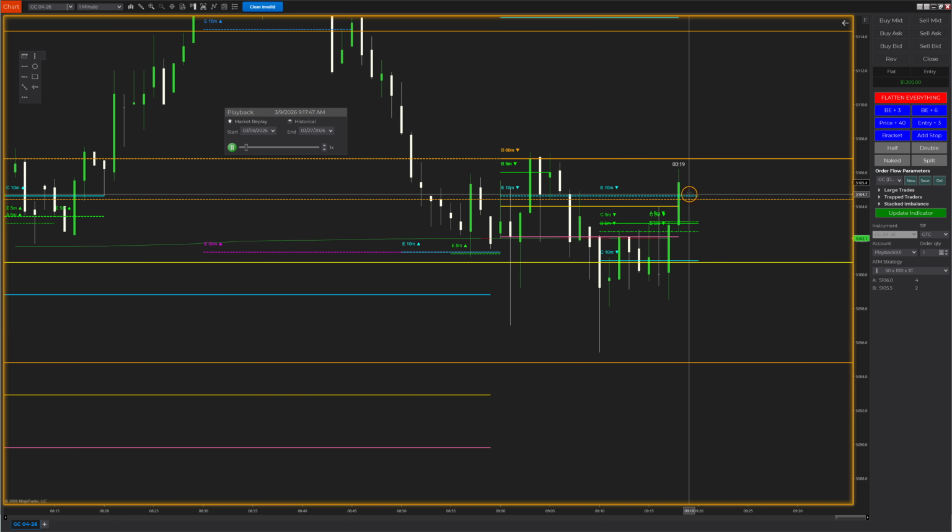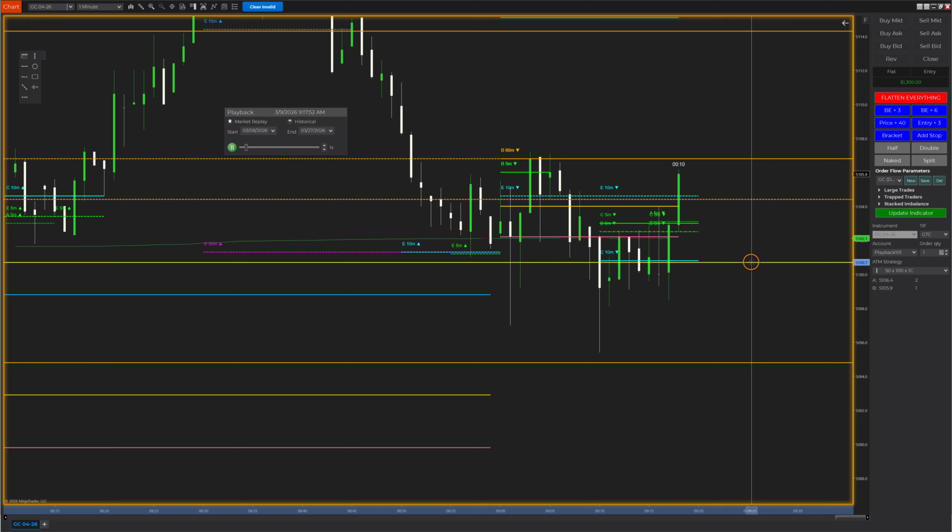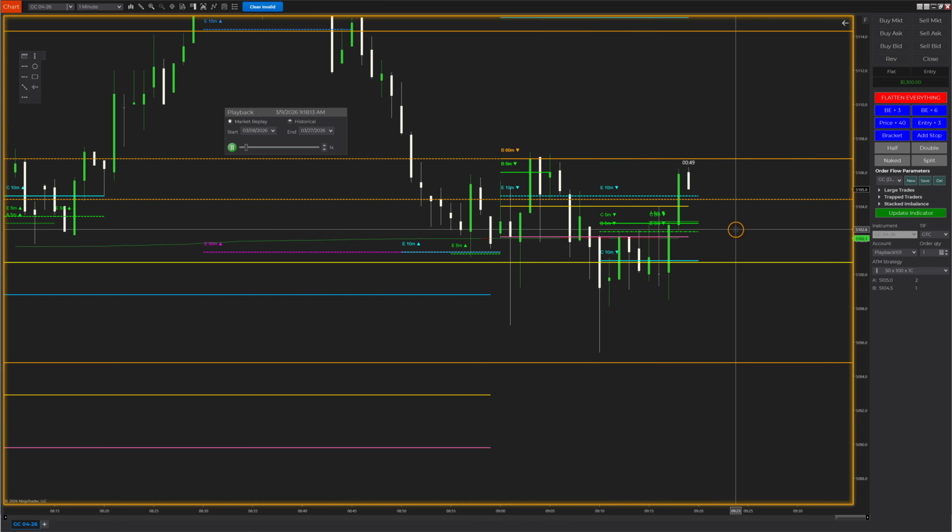I think I've mentioned this before, but these 4 hour levels tend to act like zones, not precise levels. And you can see that in action here. It's this whole zone rejecting, prices rejecting off of it. We've got this 1 hour up here. It's already been tested, which means we need other signals. Obviously, I never take a 1 hour by itself.